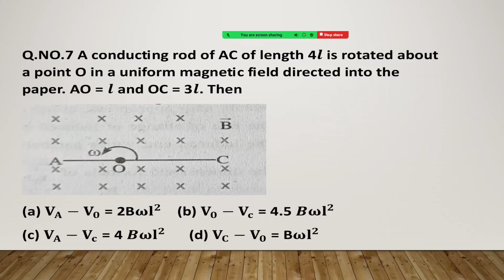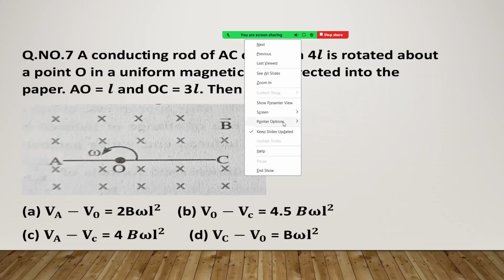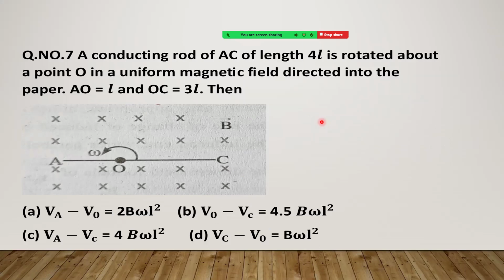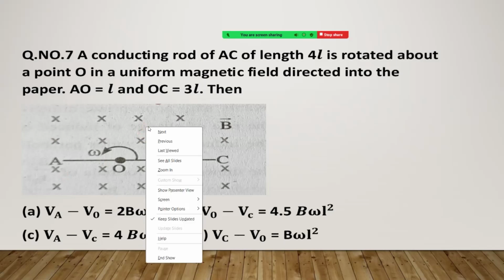And this question also is again the same kind of question. The only change is the limits. You can see AO is L, OC is 3L. That means we have to take limits 0 to 3L to get VO minus VC. To get VO minus VA, we have to take limits 0 to L, right? Let us see.